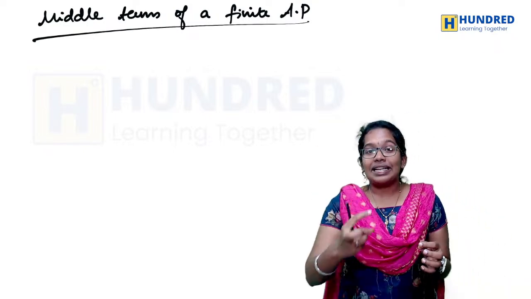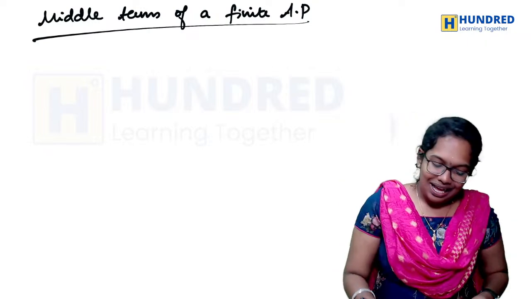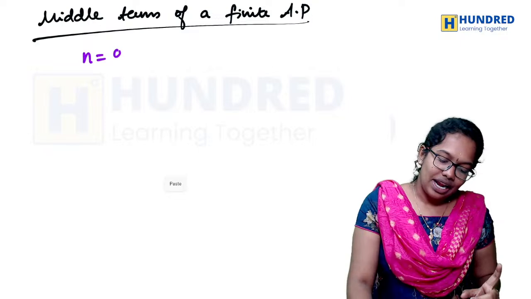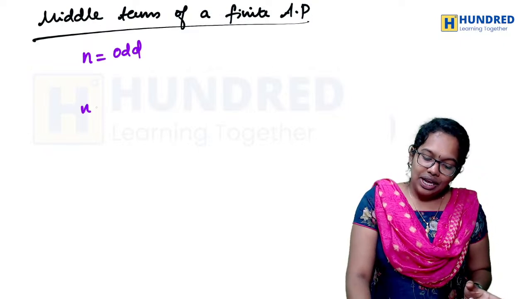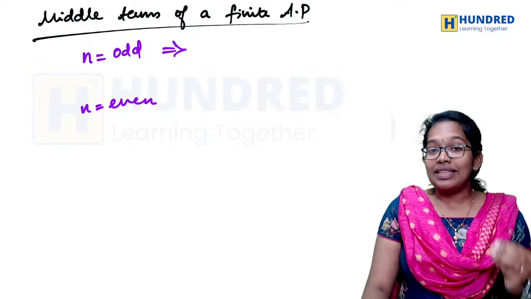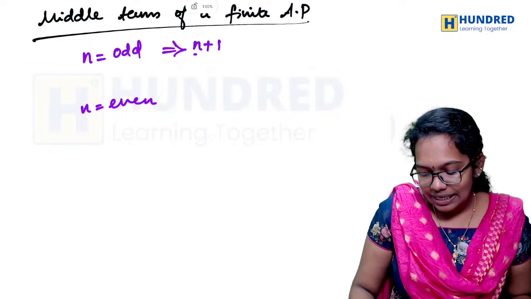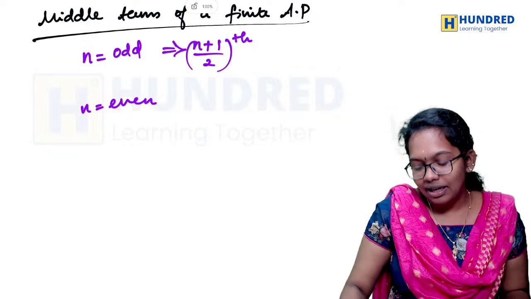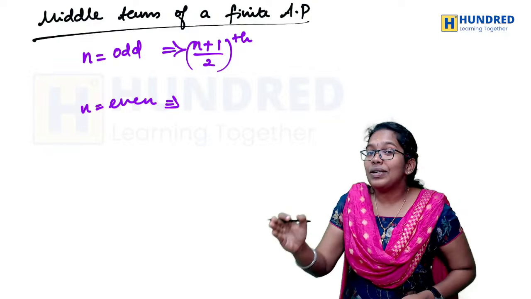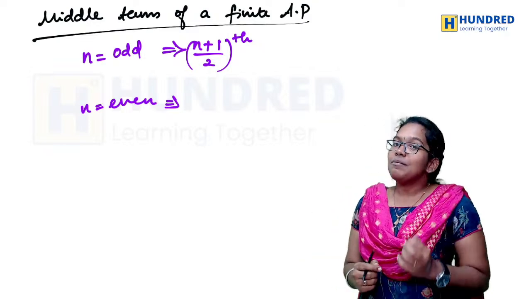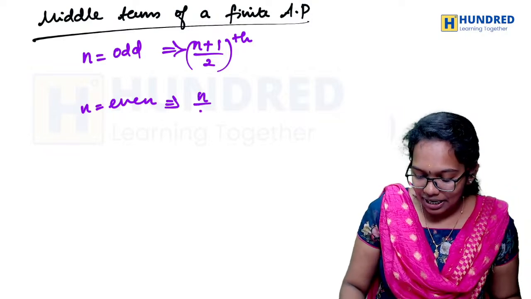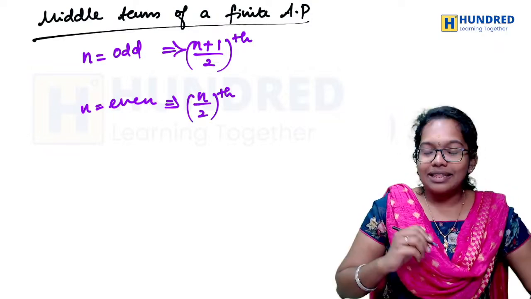So இந்த finite APல, if you have n, total number of terms in the AP, if you get it to be odd or if you get it to be even, என்னவா வரும்? odd-ஆ இருந்துச்சு அப்படின்னா then n plus 1 by 2th term will be the middle term, and if number of terms in the AP is even-ஆ இருந்துச்சு அப்படின்னா எது middle term-ஆ இருக்கும்? n by 2th term will be the middle term.